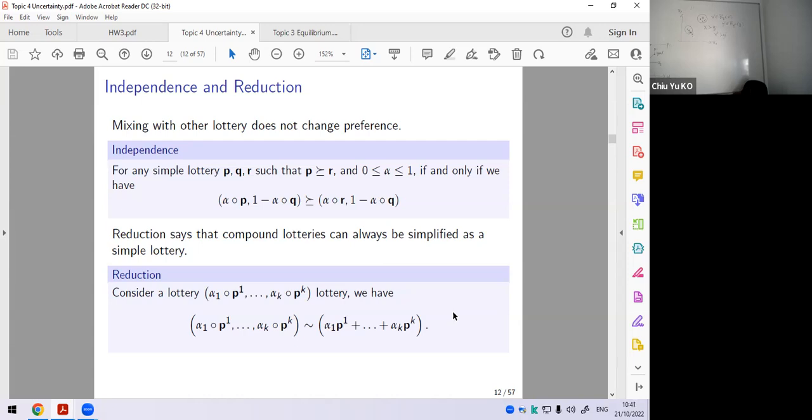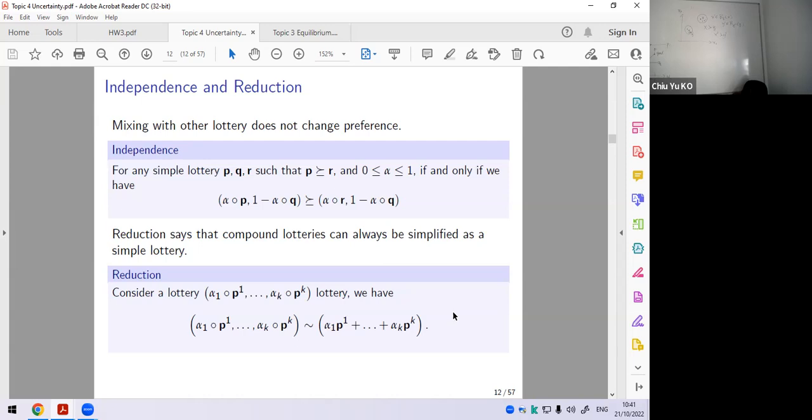So it will be the last axiom. The last axiom says the following. Consider compound lotteries. You don't care about the actual lottery structure, you just care about the final outcome.